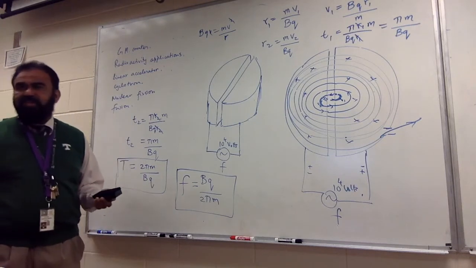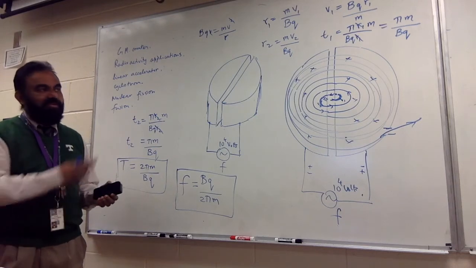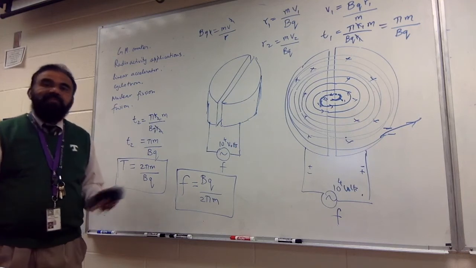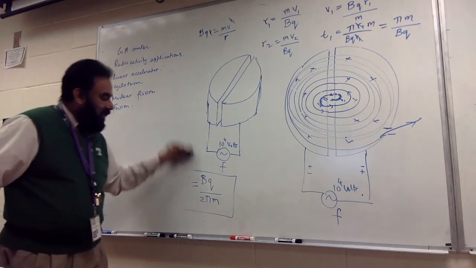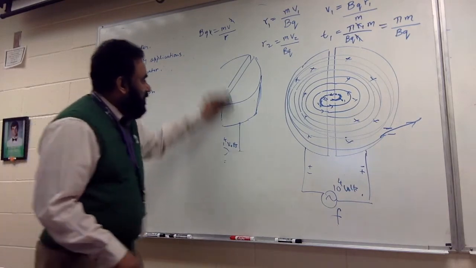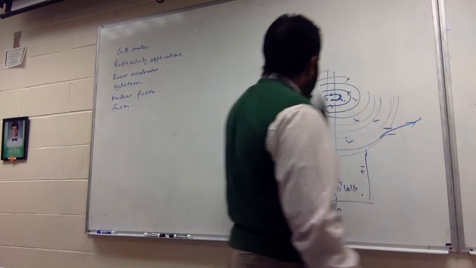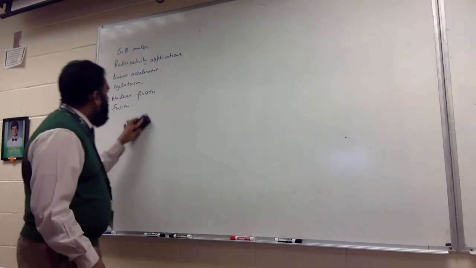I think the recent ACT also did. They just throw this thing and then they talk about this and give you some graphs and stuff like that. So, yeah, this is called a cyclotron, and the frequency equation is that one. You don't have to memorize those equations. You can just bring it out by discussing what's happening.